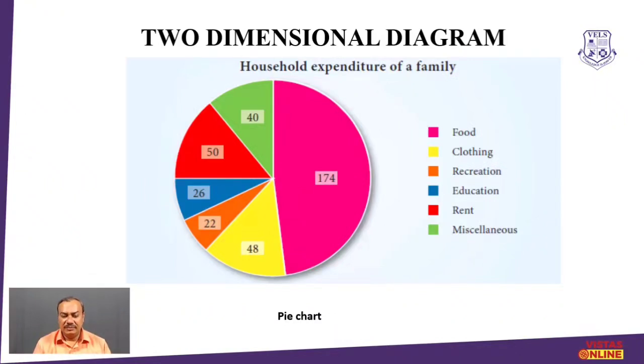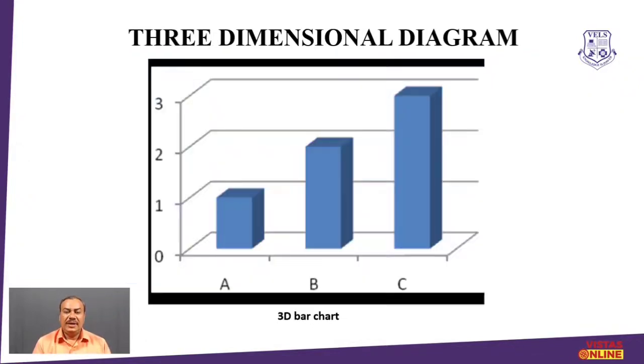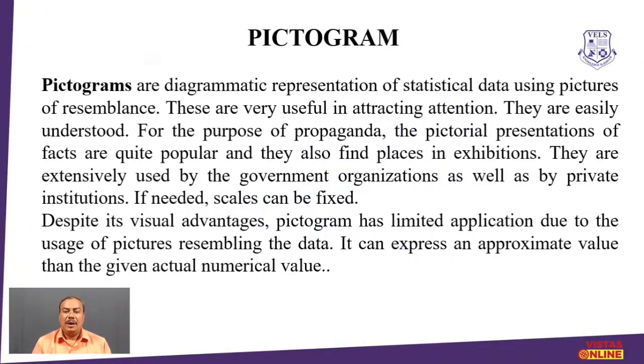Here we can easily identify that for food, the family members spent a lot of money. So this is the example for a pie chart. Three-dimensional diagram looks like two-dimensional, but instead of simple bar diagram, we can use three-dimensional bars.